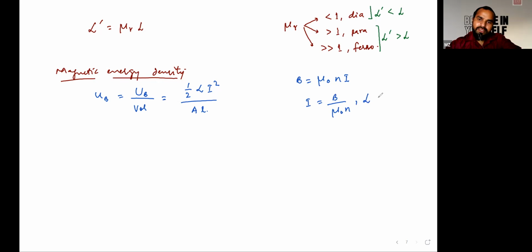And the coefficient of self-inductance, as we derived in the last section, was mu naught n square A into l. Just put these two values and rearrange and try to obtain the relationship.